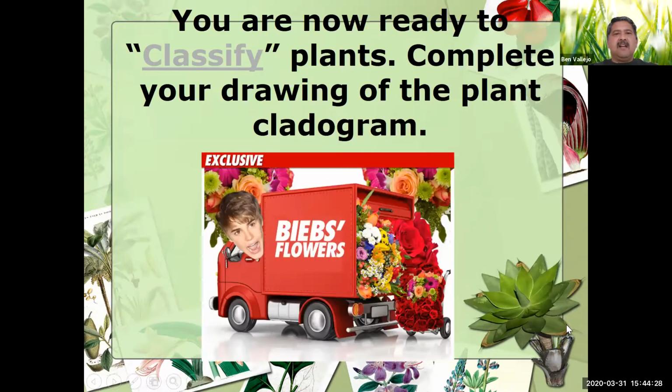So guess what? Now you're ready to classify plants. So I want you to complete your drawing of the plant cladogram, which is on the same page as your table that you just completed. And as we leave, let's enjoy the song Classify.